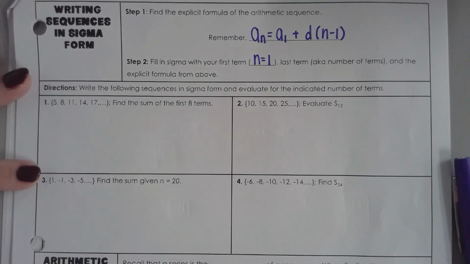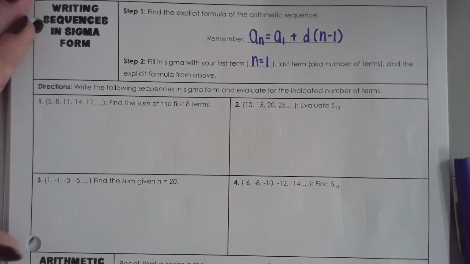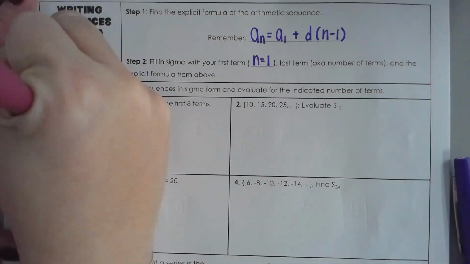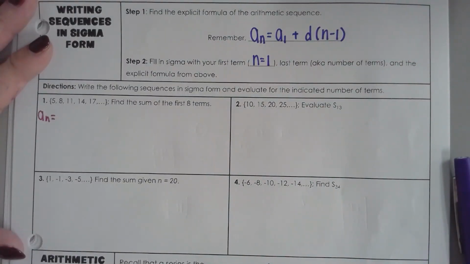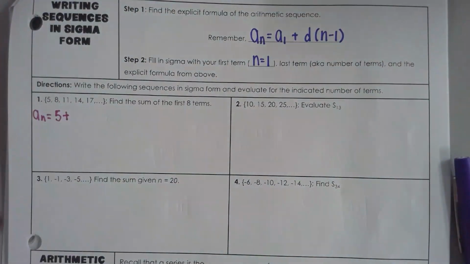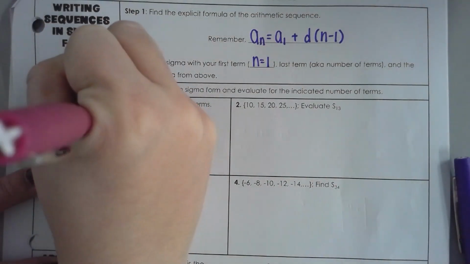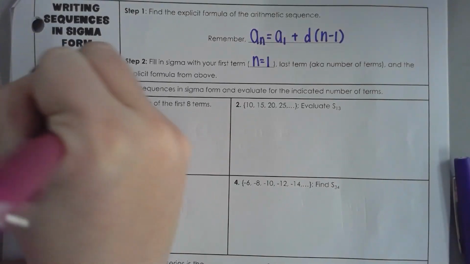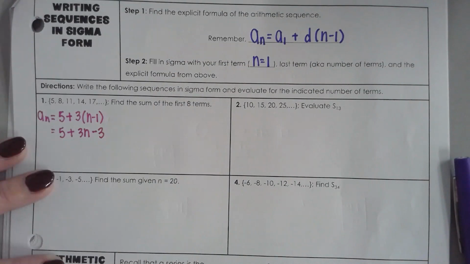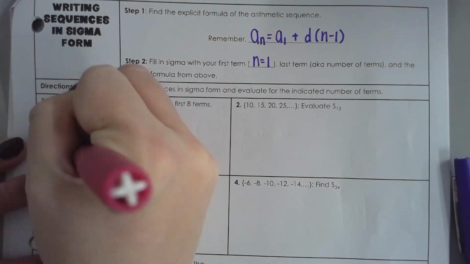So before we do anything with the sum or 8 or anything, we need to write the formula: a1, which is 5, plus 3, my common difference is 3, times n minus 1, which is 5, plus 3n minus 3.